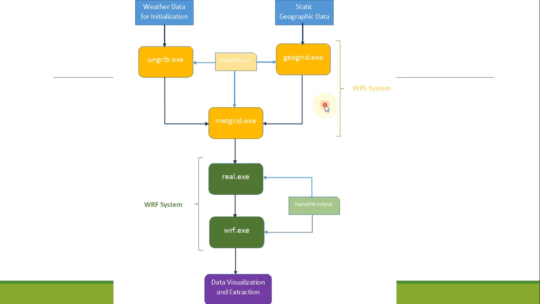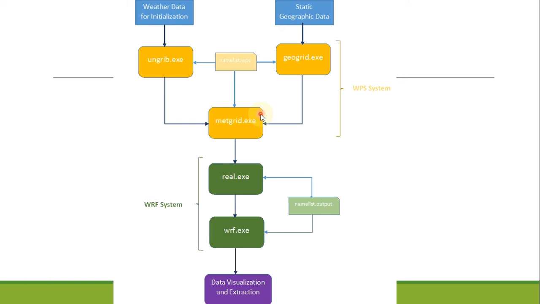The WPS is composed of three software: ungrib.exe, geogrid.exe, and metgrid.exe. Ungrib.exe reads weather data GRIB files and unpacks them into a simpler intermediate format. The geogrid.exe interpolates terrestrial data to simulation domains.